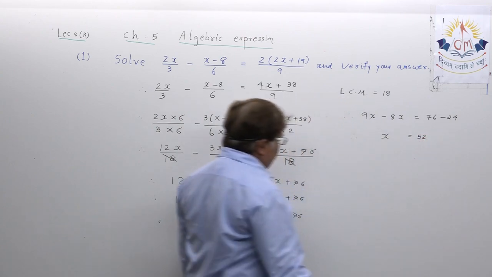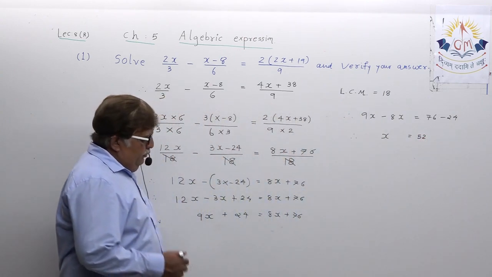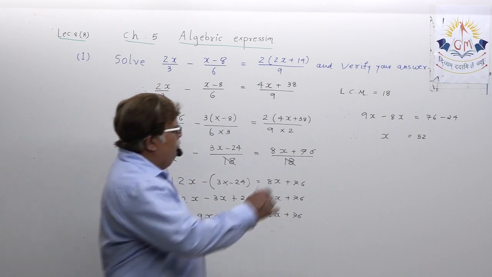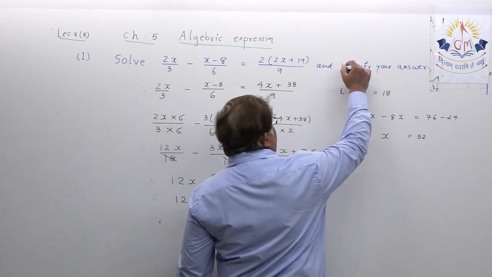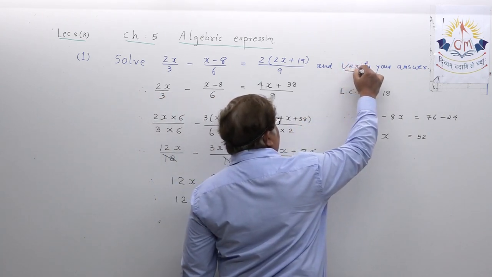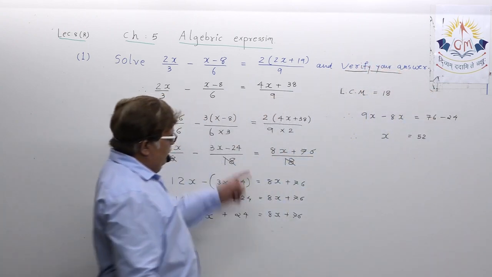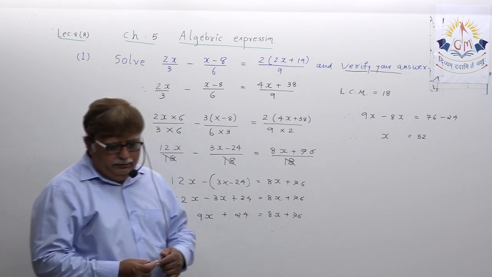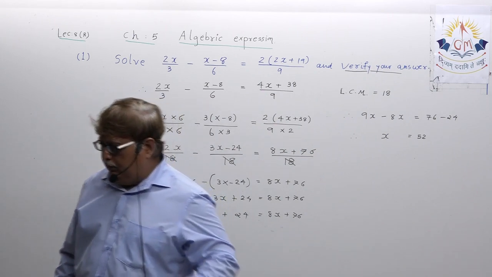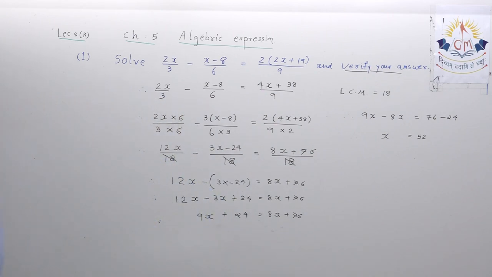So the first half of the sum is over. Before I move to the second part of the sum, that is verify your answer, first you look at the sum and then we will go for the next half of the sum, that is the verification. Understand?